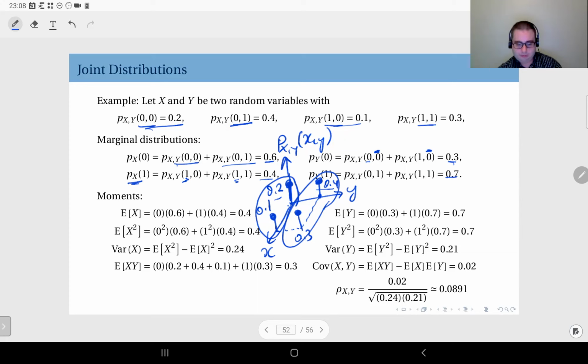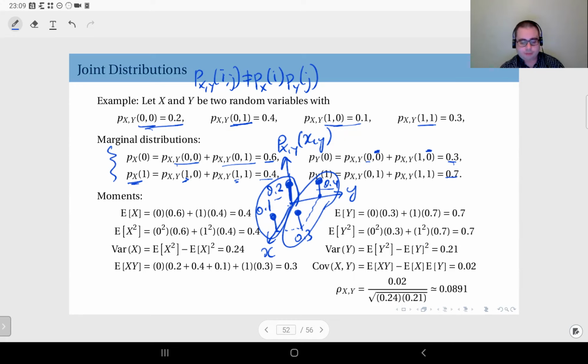So you see these two distributions tell us that the joint distribution is not equal to the product of the marginal distributions. Therefore, these two random variables are not independent. We can say it from these marginal distributions. So X and Y are dependent.